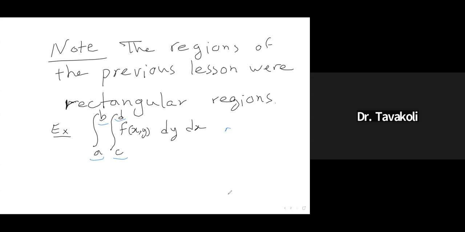So assume that in the xy plane, this is A, this is B, and this is C, and this is D. The reason that we call it rectangular is because the region that we are integrating over is this region right here, this rectangle.